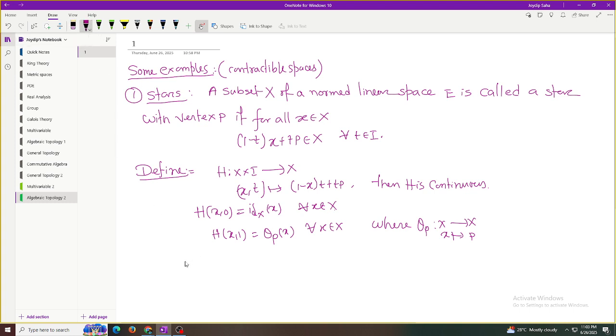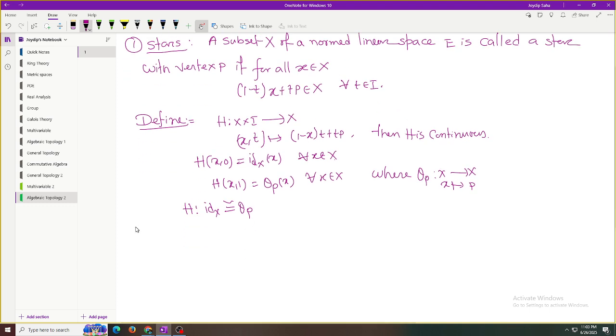So h is the homotopy between identity X and theta_p. Therefore stars are contractible.